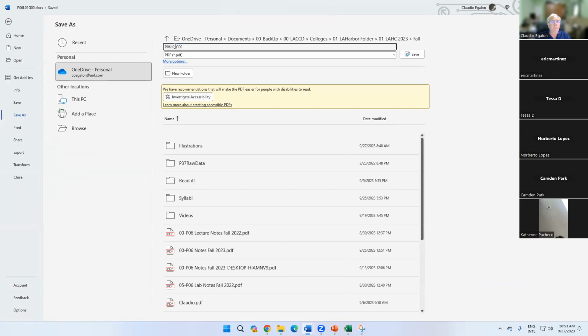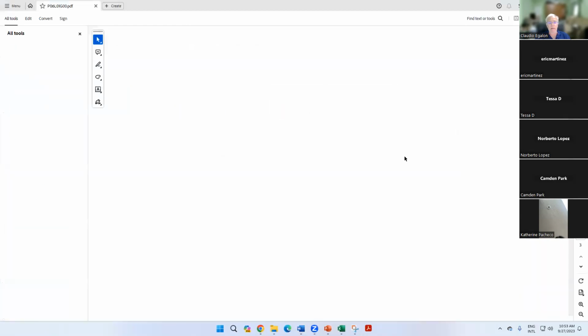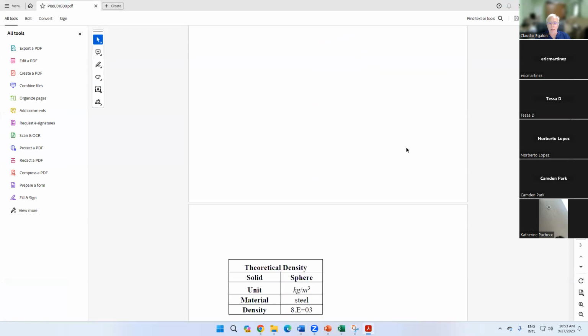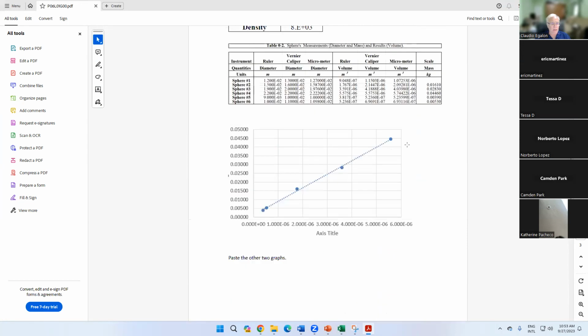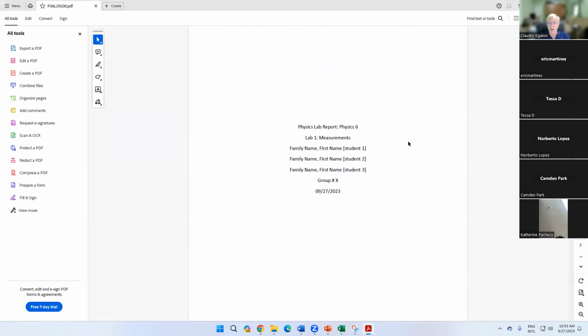Don't forget, both the Excel spreadsheet and this hard copy document must have exactly the same title. The only difference is going to be the extension, right? One is going to be PDF, the other is going to be Excel extension. And here you go. I have the entire document in the so-called hard copy format.